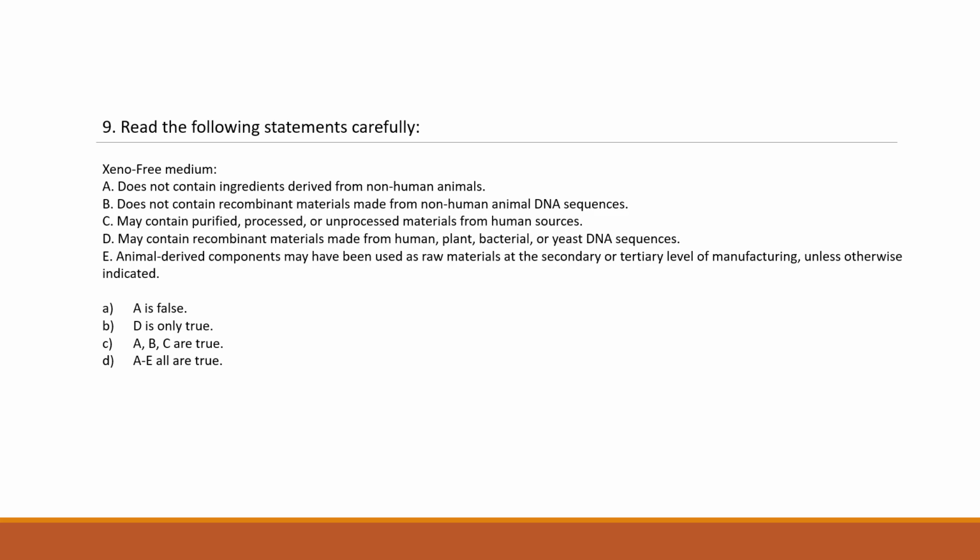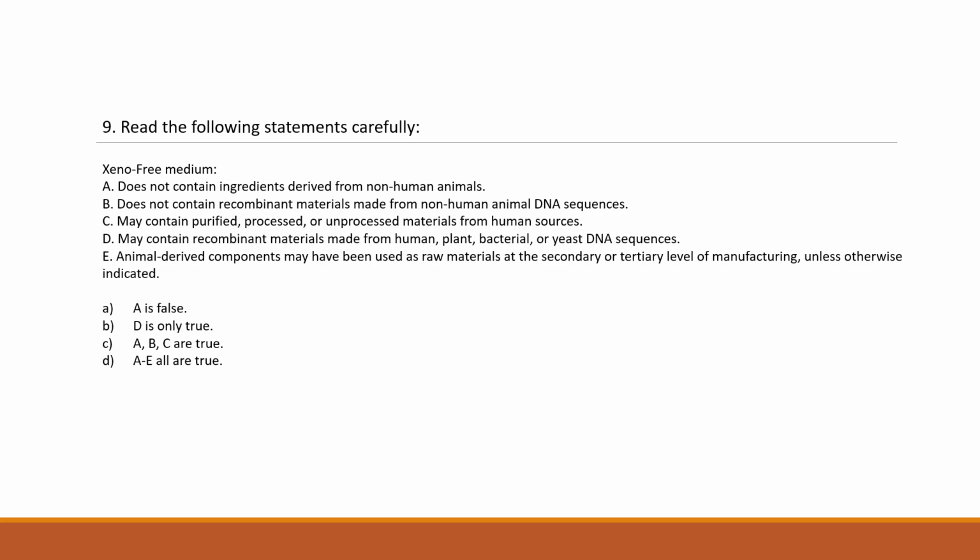So here your xeno-free media means whatever materials you use to grow mainly human cells or human tissues, everything should be from your human source. Mainly all the primary raw materials that you use should be from your human source.